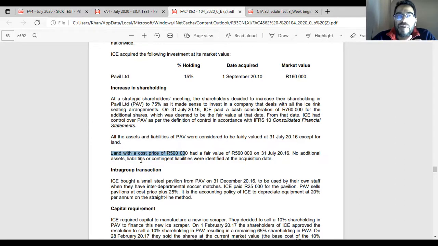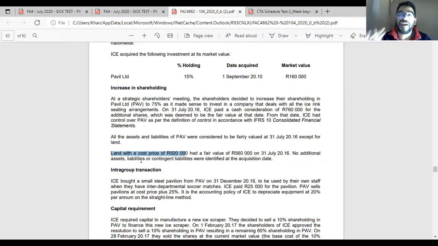So we credit the investment, and what you first do is a fair value adjustment. The fair value is 200, so you debit Pave with 40,000. Now the Pave is sitting at 200, and then you are deemed to have disposed of it, so you credit it at 200,000.